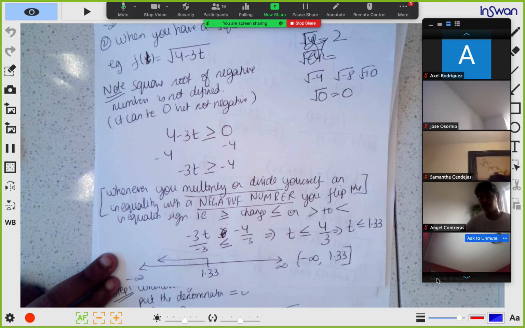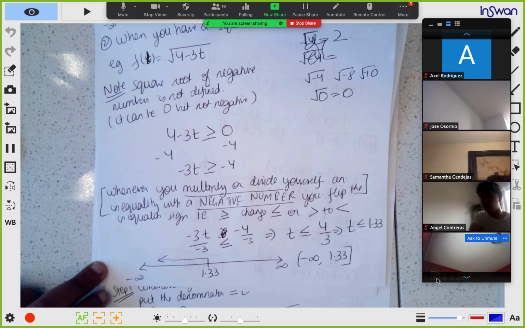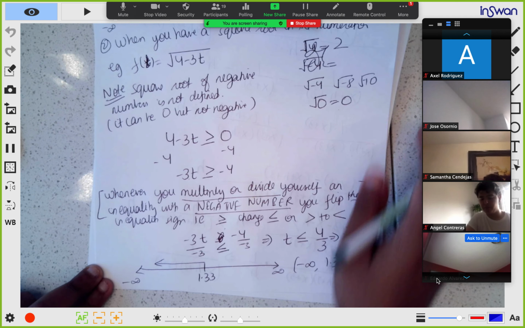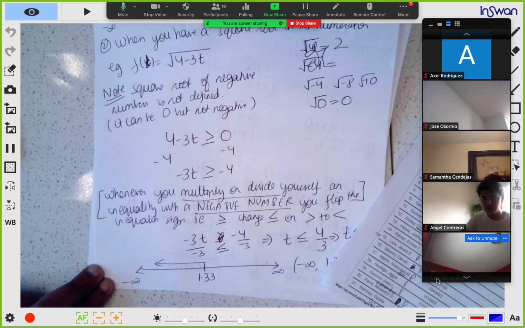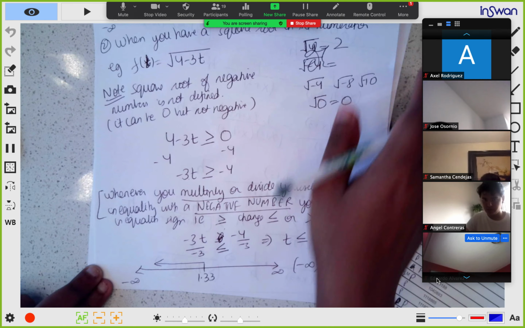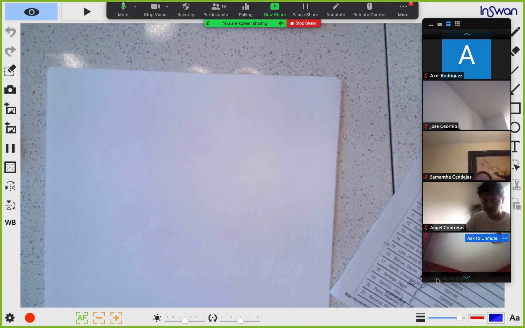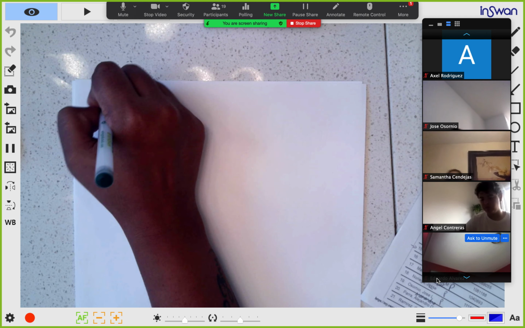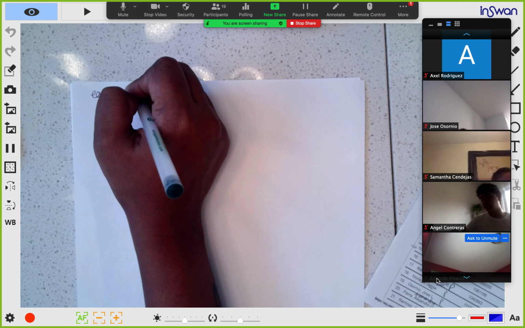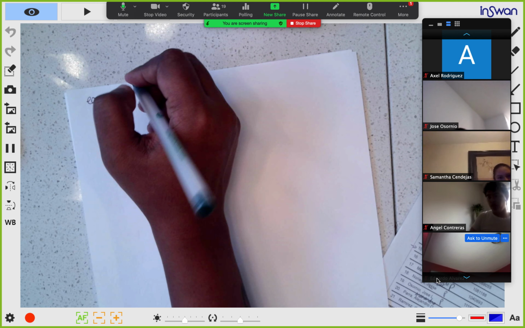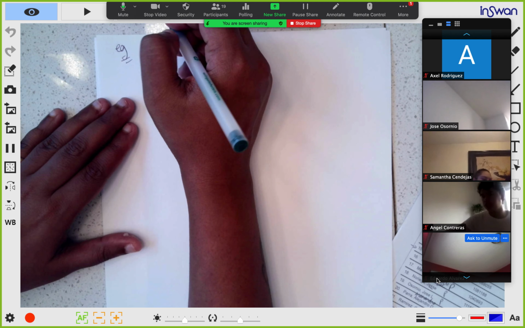Any doubt with this example? Okay, everyone got this one? Okay. I want everyone to do this example here. I'm going to write f(x) is equal to square root of 1 minus x.